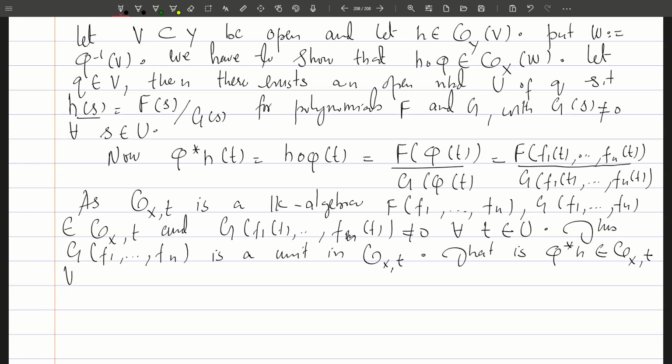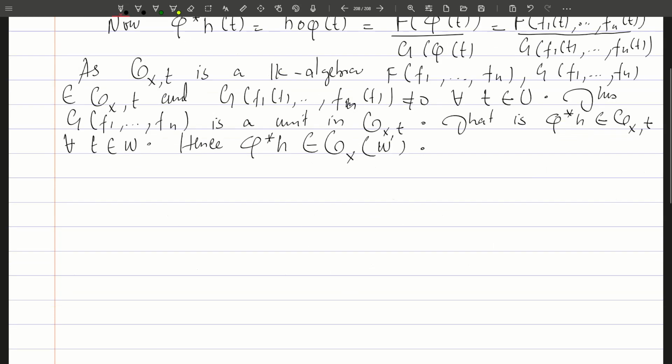So this is for all t inside W. So hence phi star h belongs to the ring of regular functions on W. So this proves the theorem.